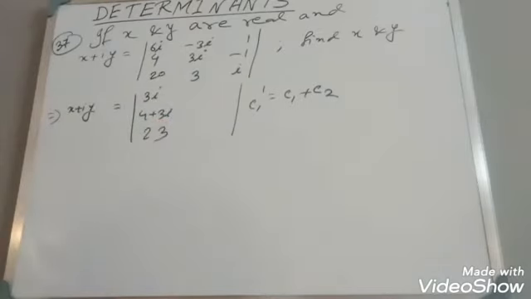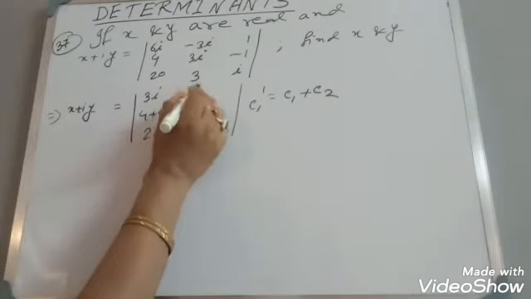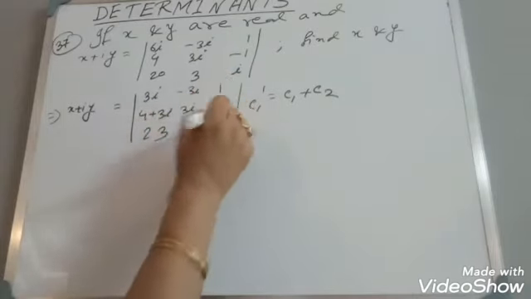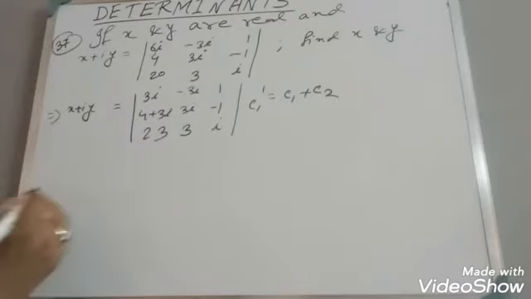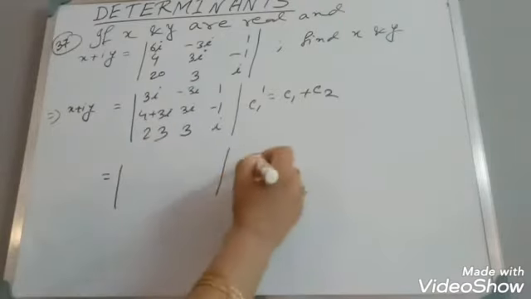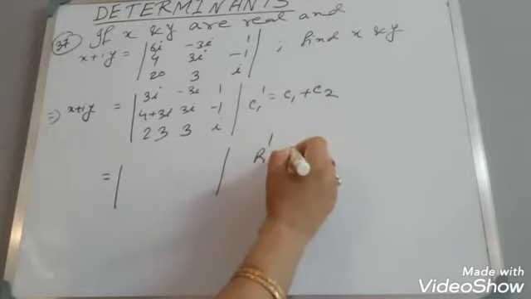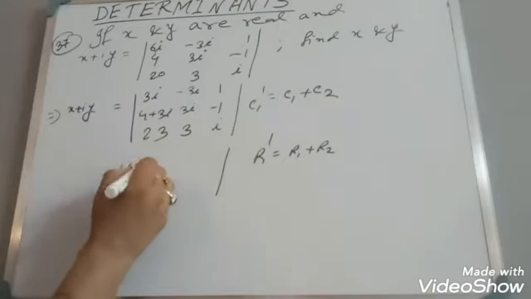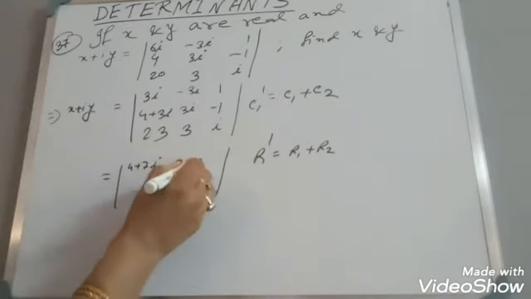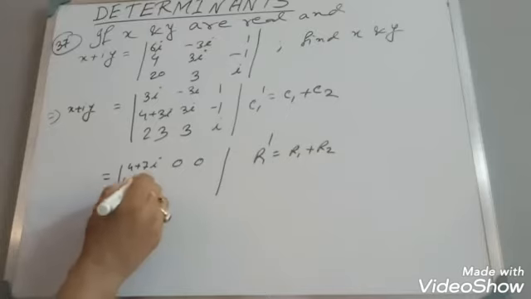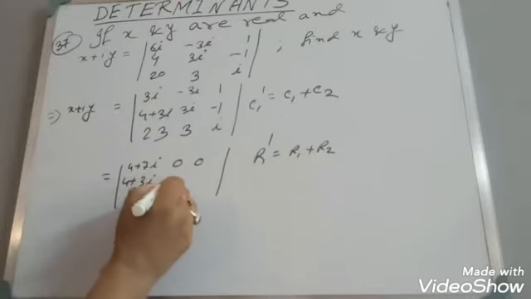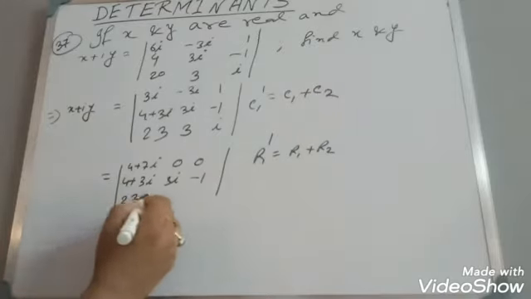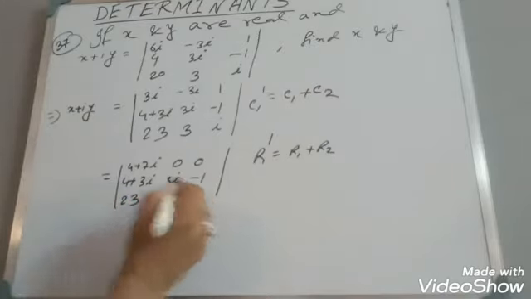Okay, and the others will remain the same, so it will be minus 3i, 3i, 3, and this is 1, minus 1, i. Got it? Next we will give the operation on the row. So R1 dashed is equal to R1 plus R2. So it will be 4 plus 7i, 0, 0; 4 plus 3i, 3i, minus 1; 23, 3, i.